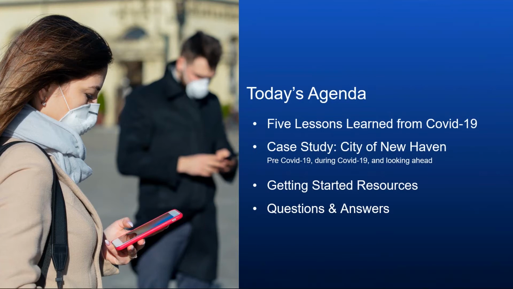We'll talk about pre-COVID-19, how we're operating, and then Alfredo will share the during COVID-19 situation. And also, he'll look ahead and share with us what they're planning to do next. Thirdly, we'll go through some getting started resources to help you learn more about how you can do the same kinds of things for your city or organization. And then we'll end with a question and answer session.